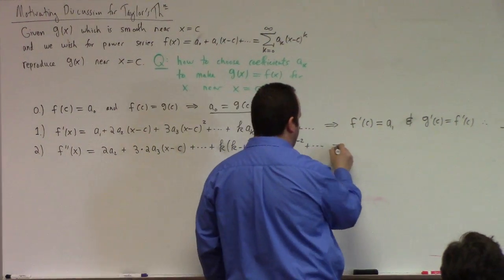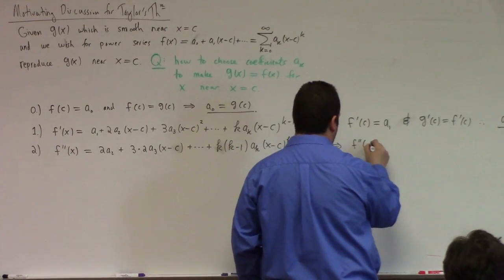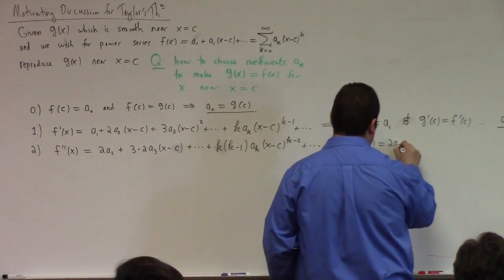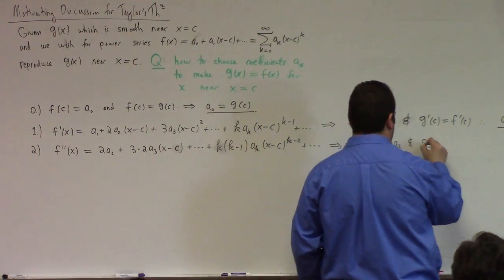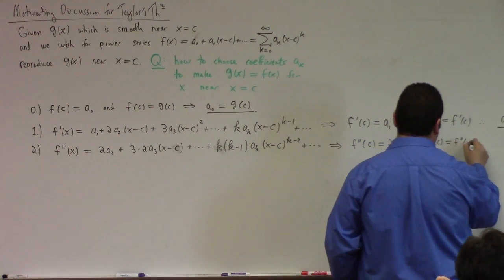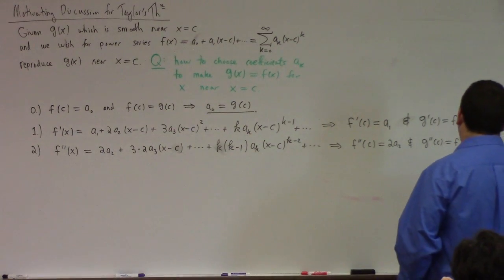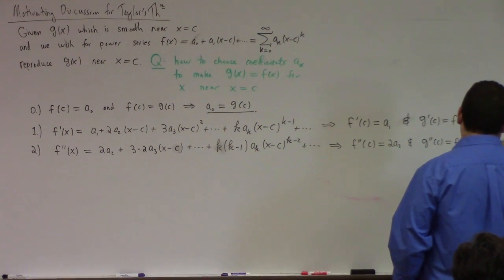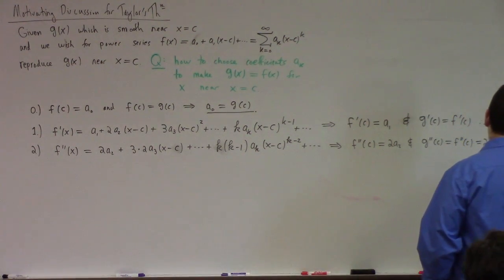So from this I see that f double prime of c is equal to 2a2, and g double prime of c is equal to f double prime of c. Well, that equals 2a2, which implies a2 is equal to g double prime of c divided by 2.